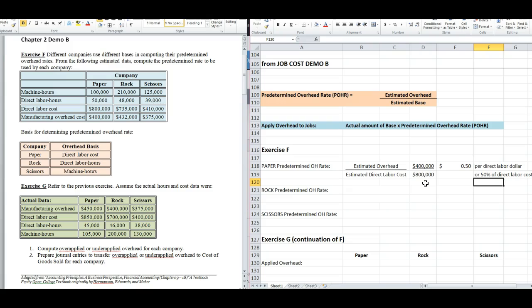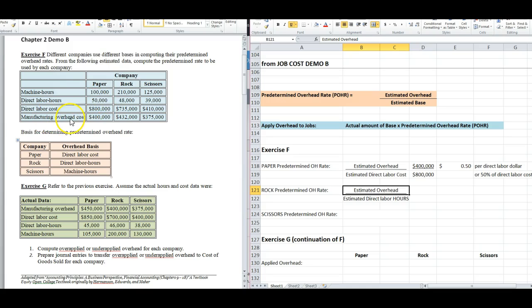Okay. Next, we have rock. Rock has a predetermined overhead rate based on direct labor hours. So rock is allocating overhead on the basis of direct labor hours. So we have our estimated overhead, and we're going to divide that by estimated direct labor hours. We'll use the blue for the estimated data.